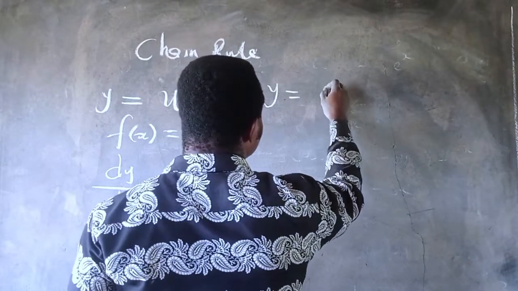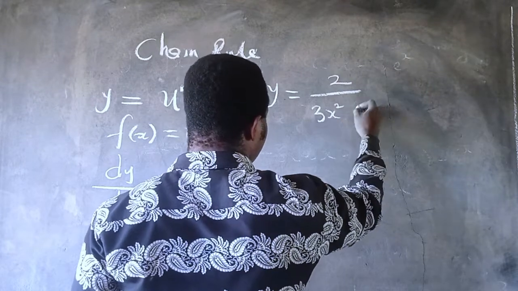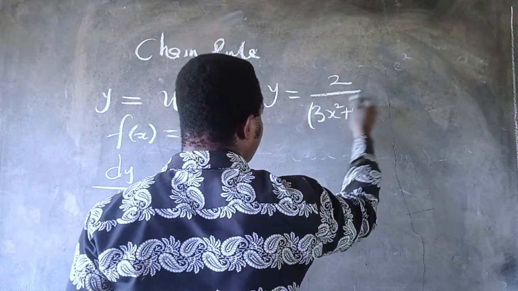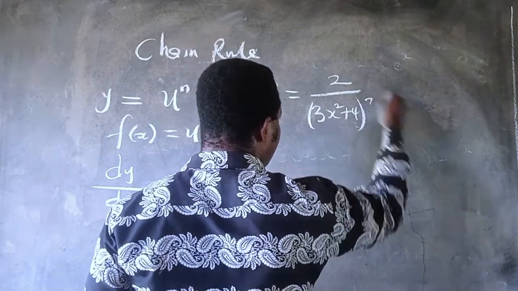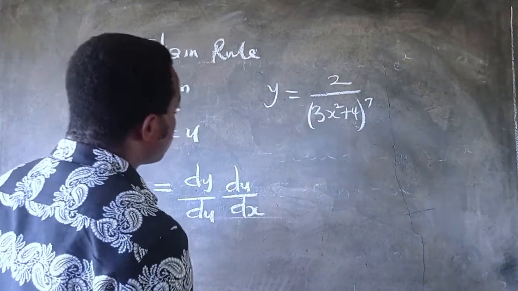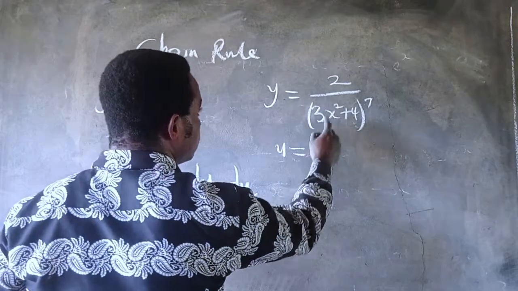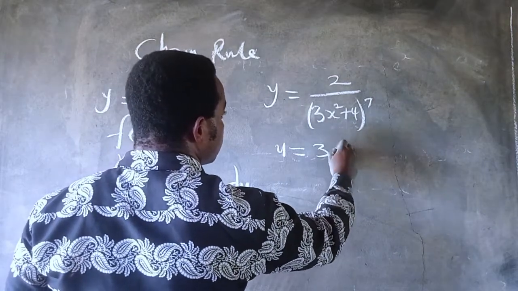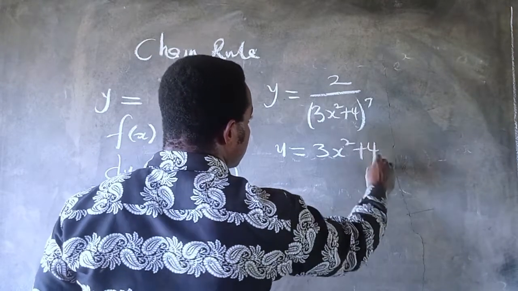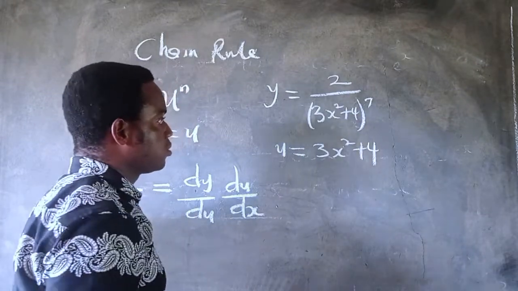Okay, let's go on and see this example. We have y equals 2 all over (3x squared plus 4) in brackets to the power of 7. You will notice that if you want to apply sum and differentiation, you have to open that huge bracket, and that's going to be demanding. So what we have inside this bracket is going to be our u.